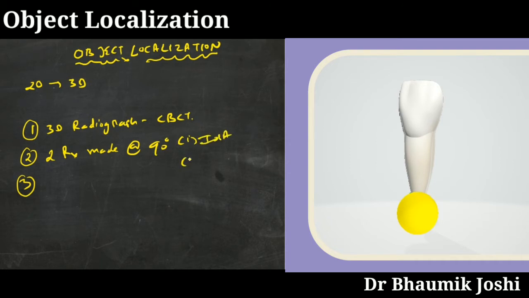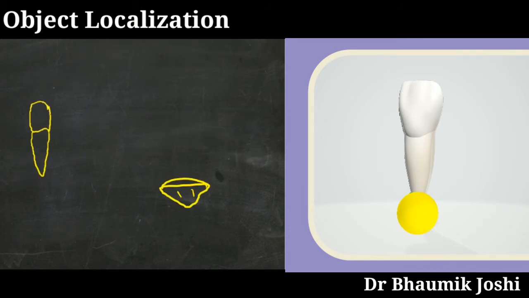For example, you can take one IOPA radiograph and one occlusal radiograph. And the third method that we are going to see is the use of the Slob Rule. This we are seeing next. So we'll first see the technique of two radiographs made at 90 degrees to each other.